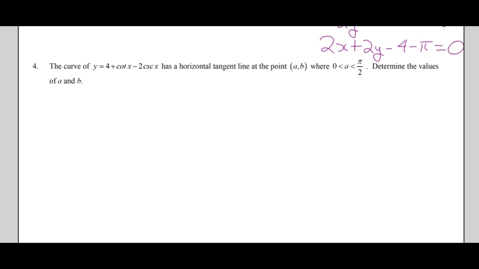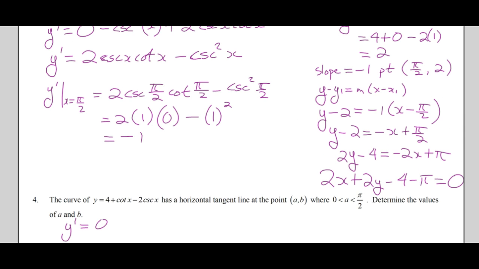The curve of y equals blah has a horizontal tangent line at the point (A, B) where A is between 0 and pi over 2. Determine the values of A and B. Horizontal tangent means what? Slope is equal to 0, right? So that means y prime is equal to 0.